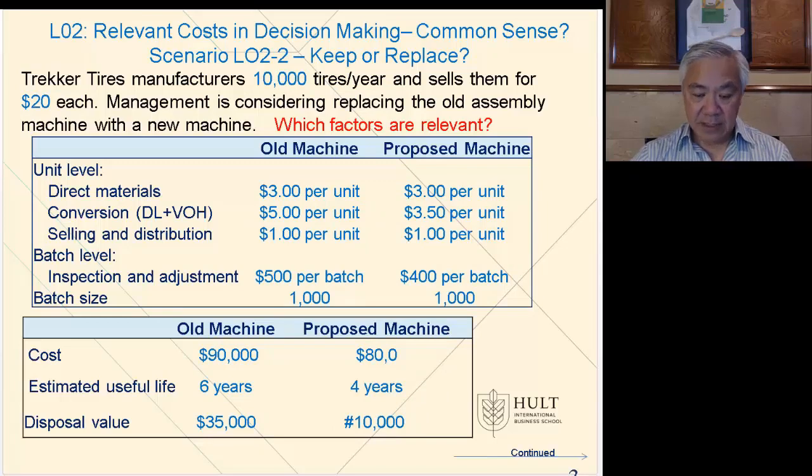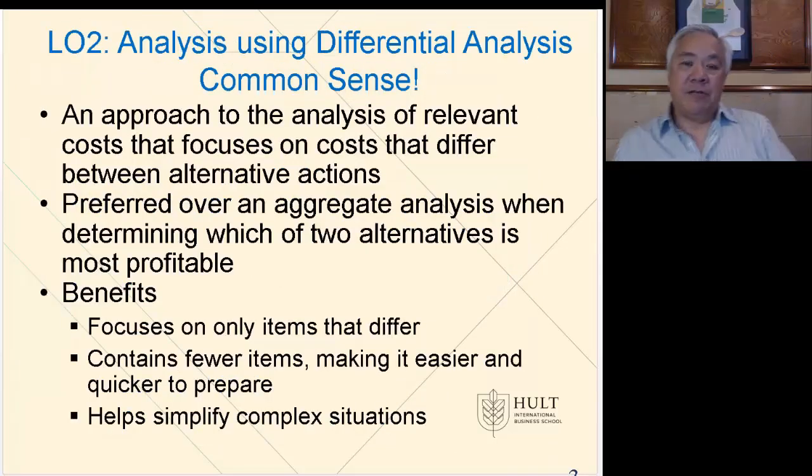Moving to the next thought: how do we use differential analysis versus aggregate? If we use differential, it's kind of a shortcut. It's where we say we'll only look at the relevant costs that differ between alternatives, and we can ignore everything else. This is a preferred approach when we are looking at a quick way to do analysis and to not consider needless facts and clutter.